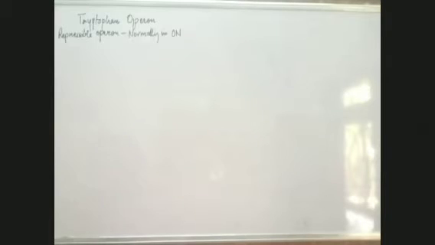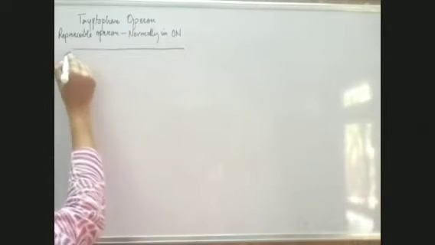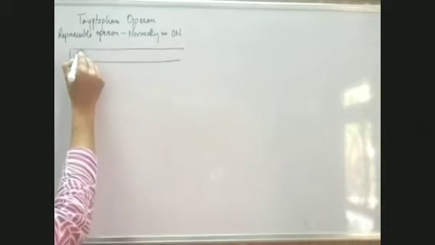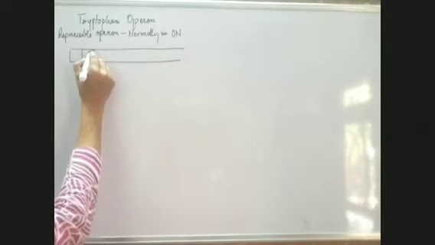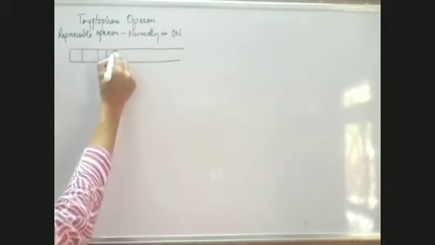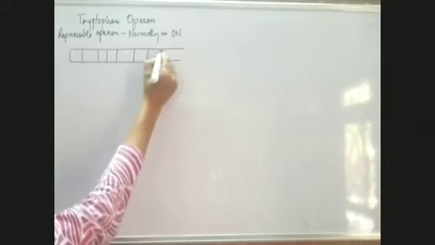Now I was telling you about the operon here. The DNA segment is like this, in which we have this P promoter gene, repressible gene, again promoter gene, operator gene, and here we have 5 structural genes.